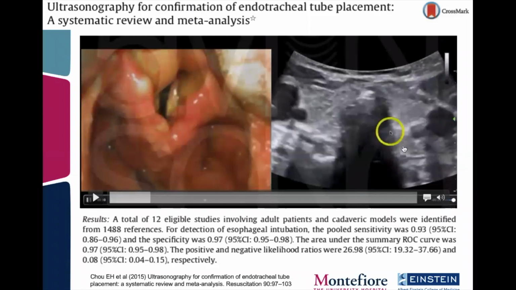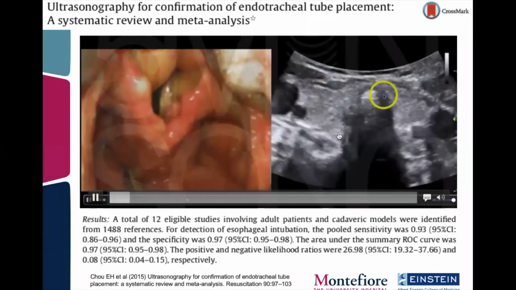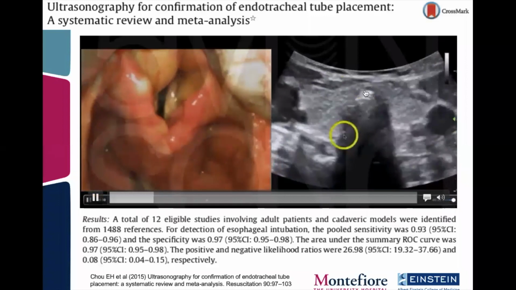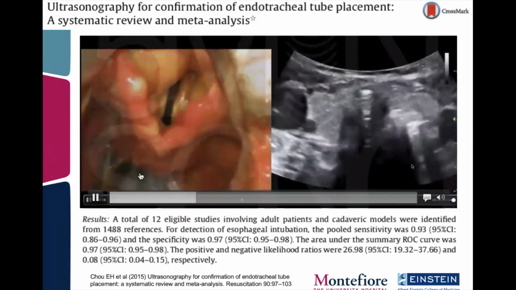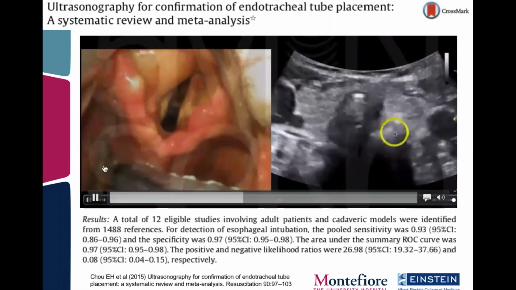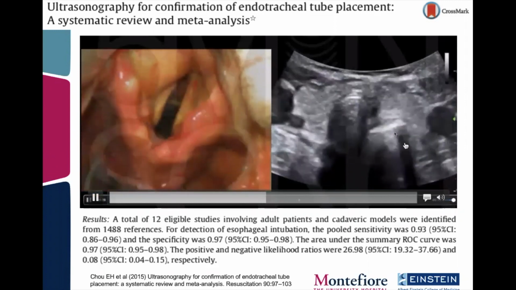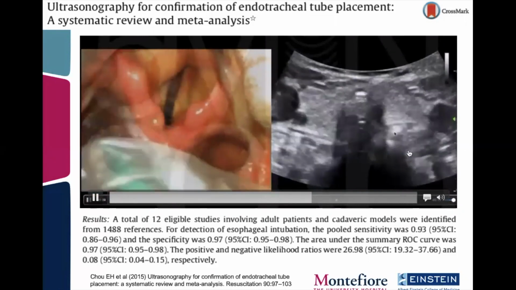And if you focus here as I play the video, this is where the esophagus is, where the findings of an esophageal intubation appear. So let me go ahead and play it. So here we see the tracheal ring. And then here, if you focus in, the person is doing an esophageal intubation. And right as the esophagus is being intubated, we see that a second air mucosal interface forms on the image right here.